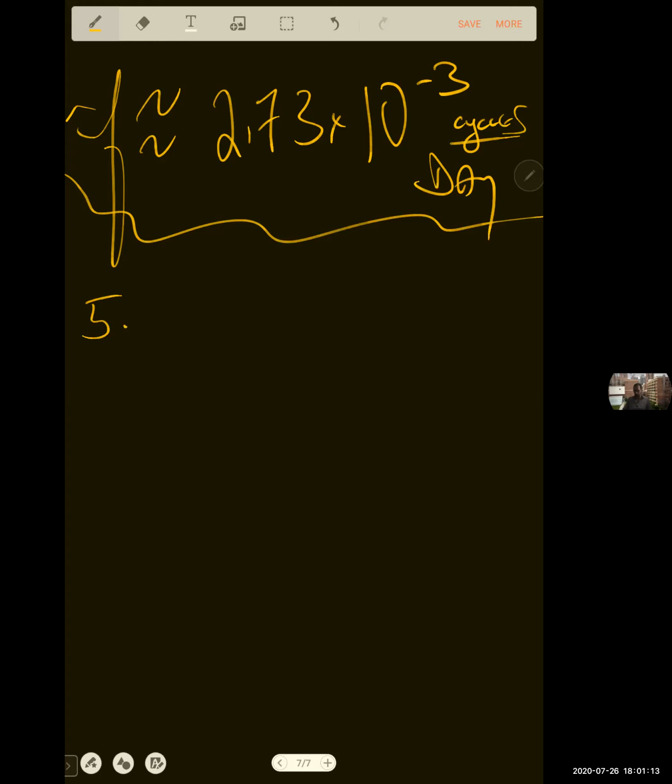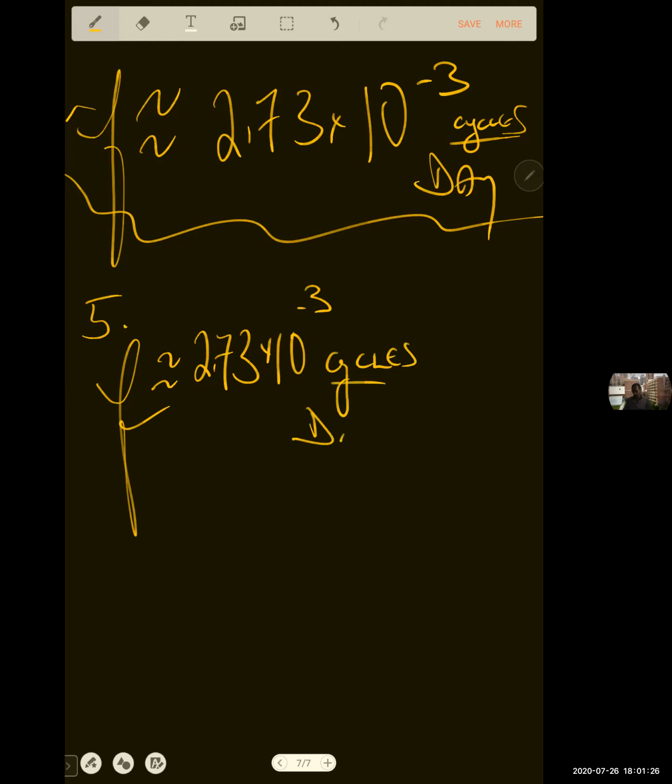In other words, if the frequency was that, then the standard frequency will equal this. I don't have room to write this. I just want to convert from days to seconds.